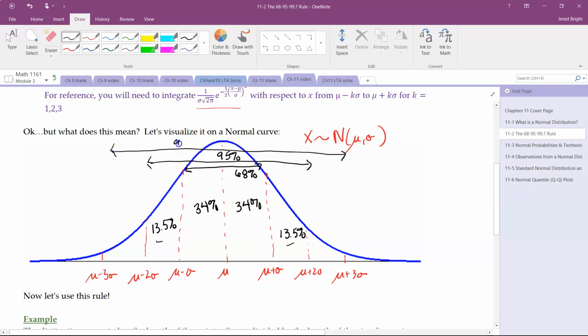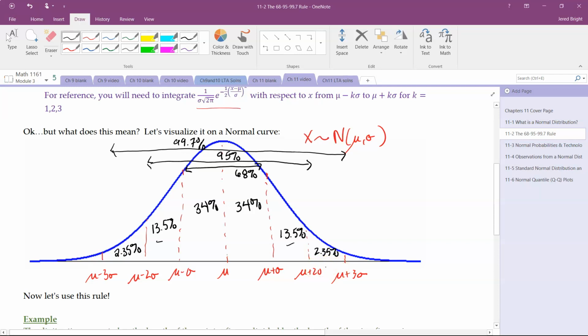All right, and then we also know that within 3 standard deviations of the mean, there's 99.7%. Again, doing the math, you have to take the 4.7% and split it in 2, you get 2.35% of the area, or 2.35% of the population or observations, in between 2 and 3 standard deviations away.